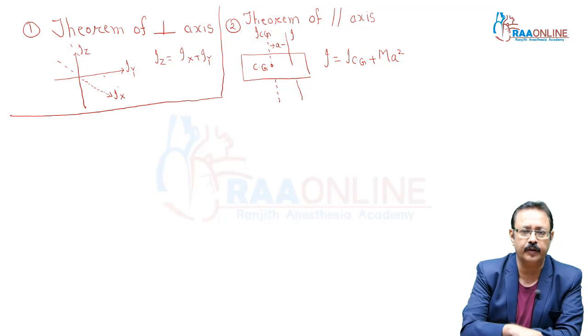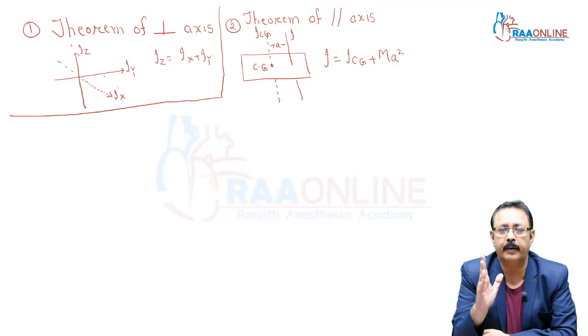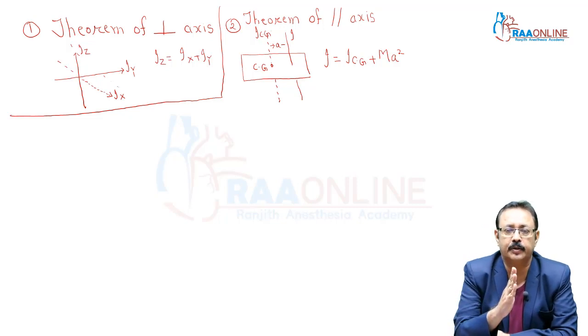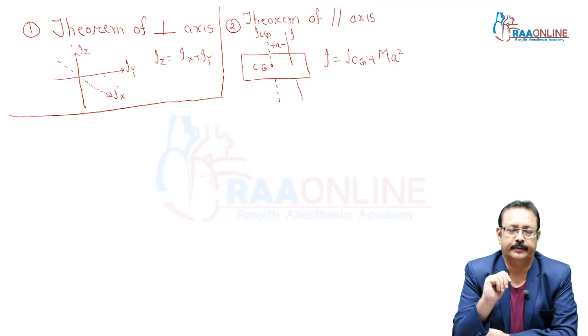In this way you will get the moment of inertia about any axis, but it should be parallel to the axis which is passing through the center of gravity of that object.